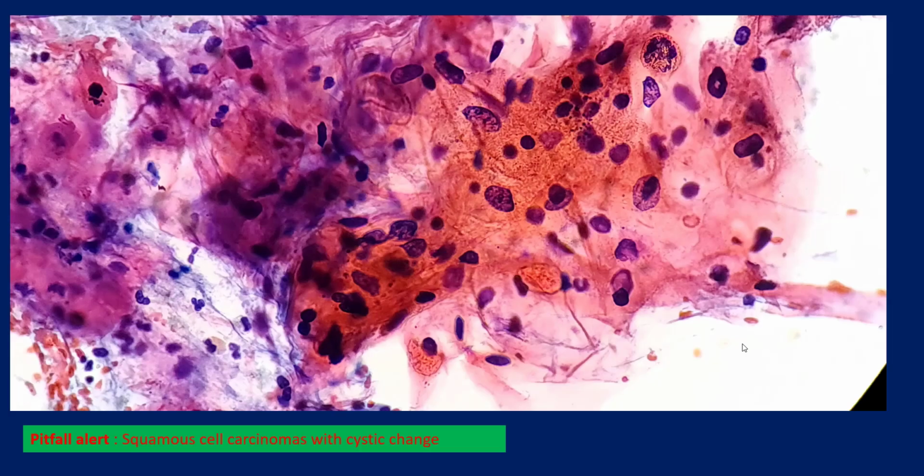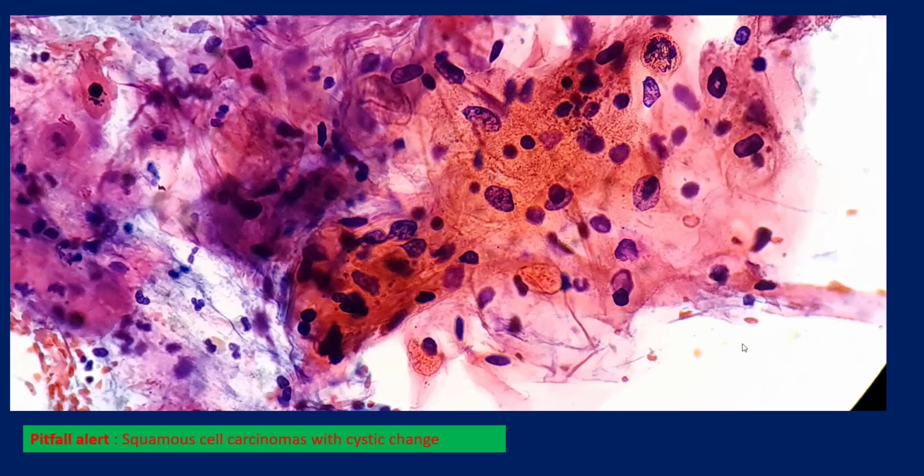Therefore such lesions, and I'm going to talk about it again a little bit later under the MILAN system, are not categorized just as benign mucus retention cysts, but they are categorized as atypia of undetermined significance. More of it a little bit later on.